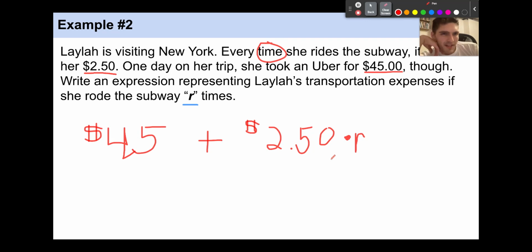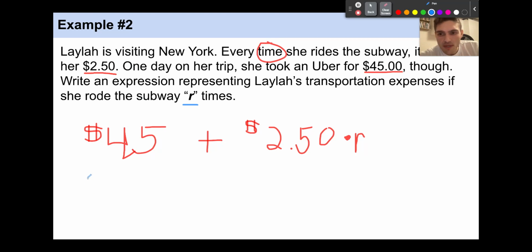We could just leave it like that, but it looks really sloppy. Not just because of my handwriting, but because, first of all, we don't really like putting the dot in the middle when we're using variables. We typically just like to put the number next to the variable. Also, even though when we're talking about money, we do like to write it like $2.50 and we leave the 0 there, when it comes to math equations, we don't like that 0 because it's kind of useless.